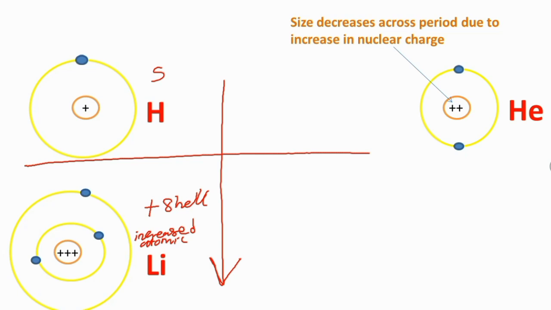But if you go from left to right, there's an increase in nuclear charge, despite both having just one shell, but still the size of the atom with a smaller nuclear charge is bigger.